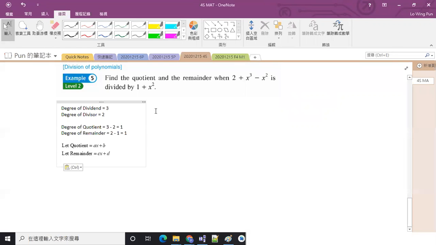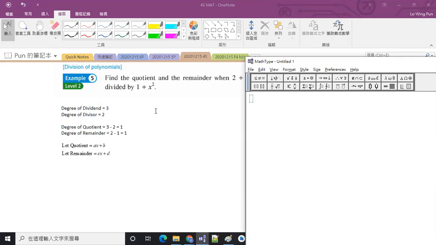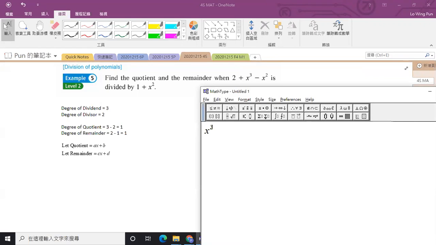You get this? All four unknowns are there, so we can put it together. The dividend, written in order, x cubed minus x squared plus 2, is identical to x squared plus 1 times ax plus b plus cx plus d.